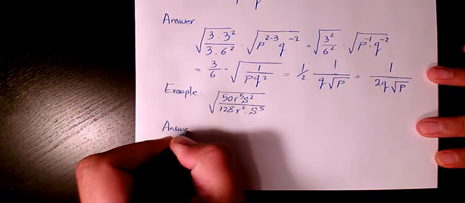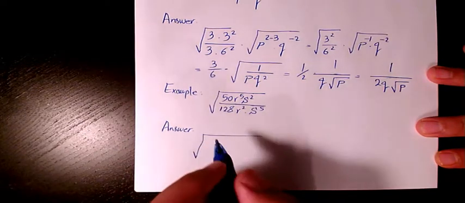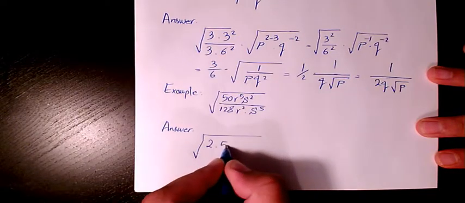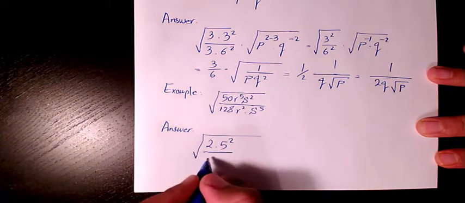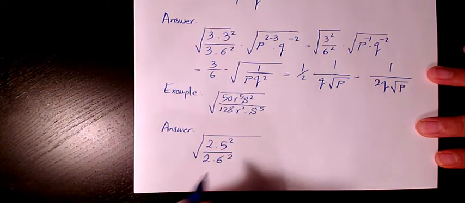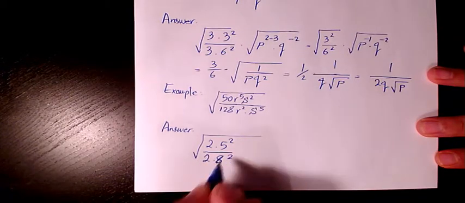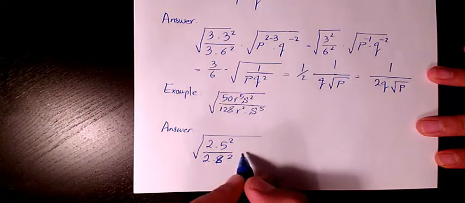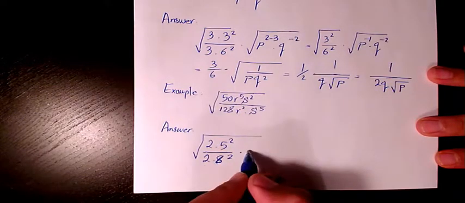The answer is: 50 is 2 times 25, which is 5 squared. 128 is 2 times 64, which is 8 squared. r to the power of 5 divided by r to the power of 2 is r to the power of 3.